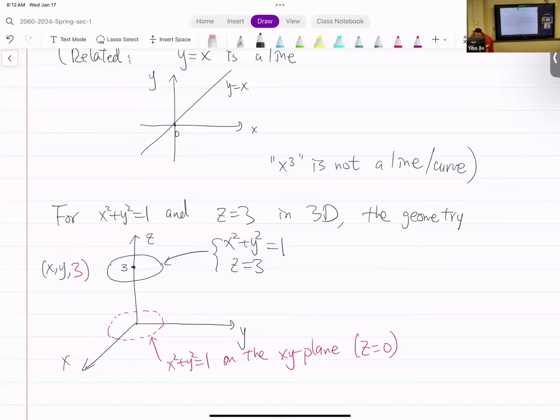And actually later we will see that x squared plus y squared equals 1, this equation, of course, is a surface, but what's the surface? This surface is actually a cylinder. Okay, so this is actually kind of a 3-dimensional object that's surrounding the top and bottom circles. And finally, z equals 3 is actually a horizontal plane. So you have the intersection of 2 surfaces.